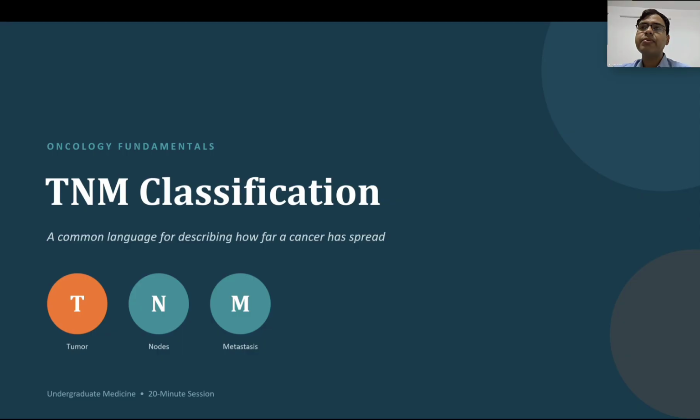It is usually carcinoma in situ. What do you mean by in situ? In situ means that it is only within the boundaries and it has not crossed the boundary to invade into the normal tissues. And stage 4 disease is when the disease is incurable, and it has usually spread to other parts of the body.